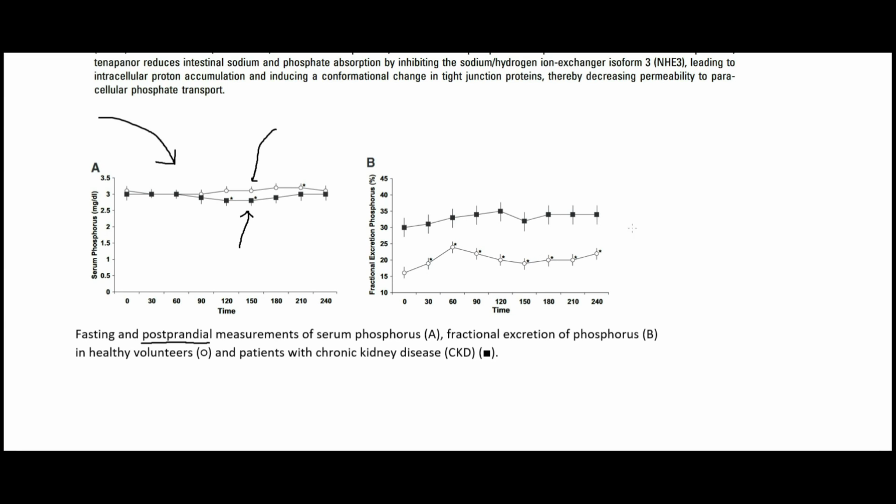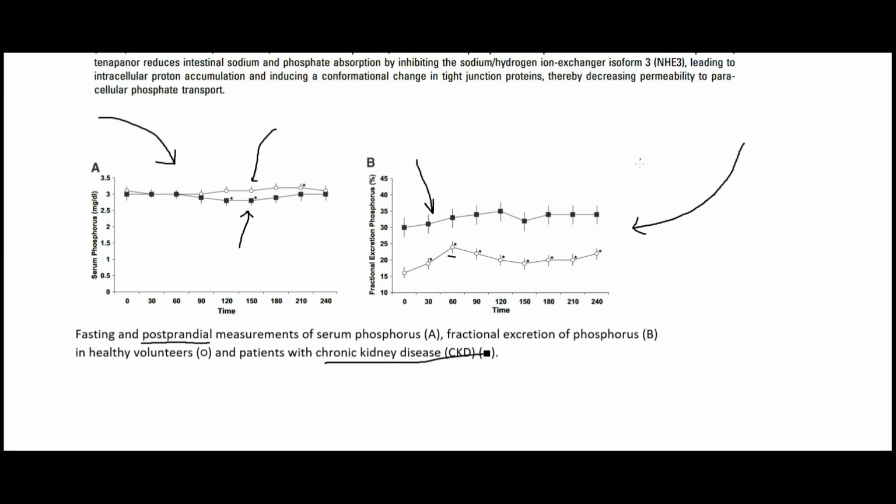Over here is the excretion of phosphate after the meal. The healthy has this increased excretion, whereas with chronic kidney disease we actually have this constant higher excretion going on, and that can affect the phosphate levels in the human body.